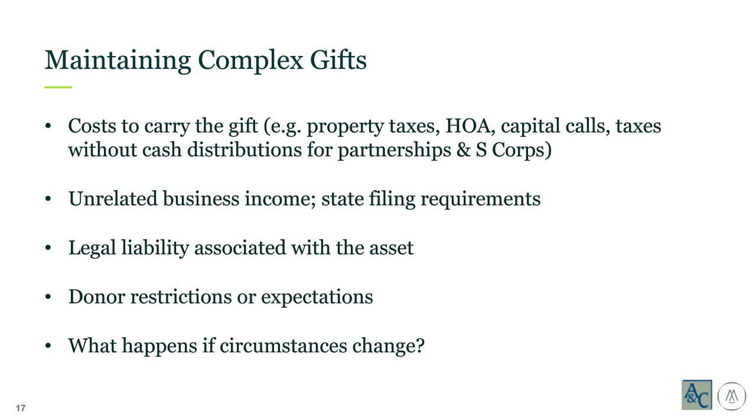Donor restrictions or expectations is an area of complex gifts that can be very difficult to navigate. Donors who just come to you with an asset and they just want to give it to you and walk away are, of course, preferred. But many times you'll have donors that give a fair amount of money or an asset, and they have expectations on how that asset is going to be used.